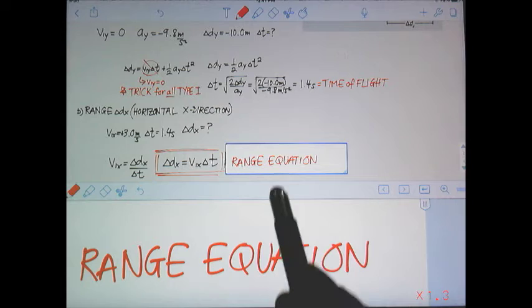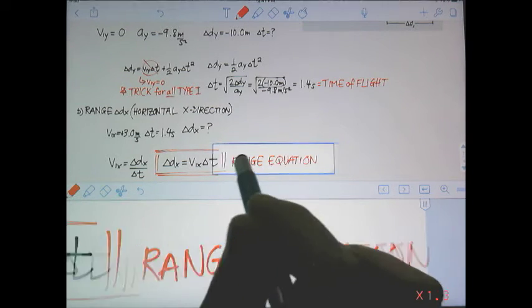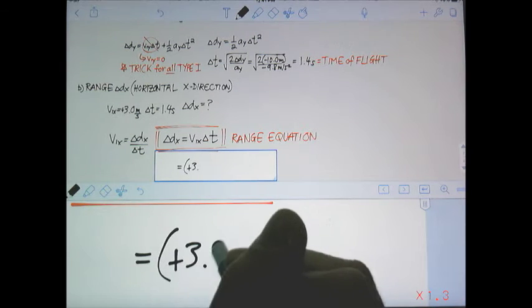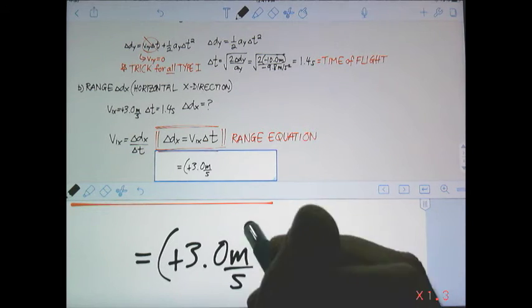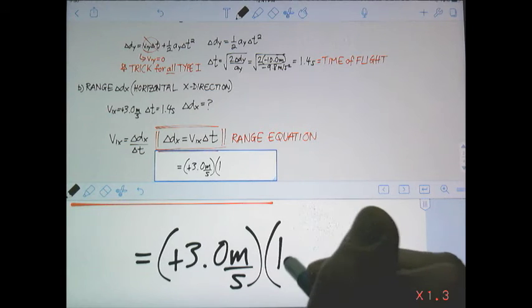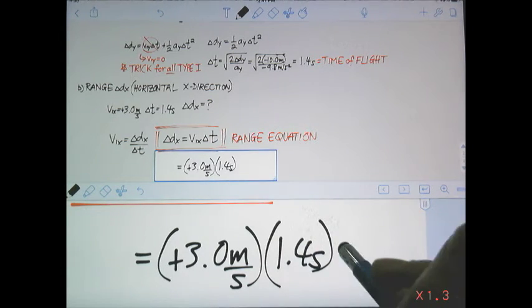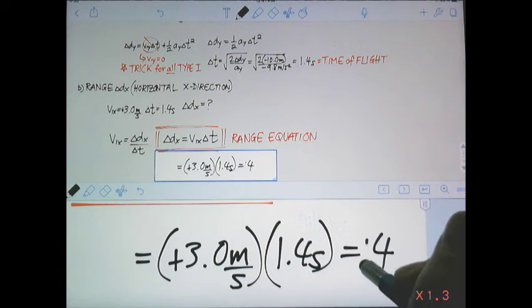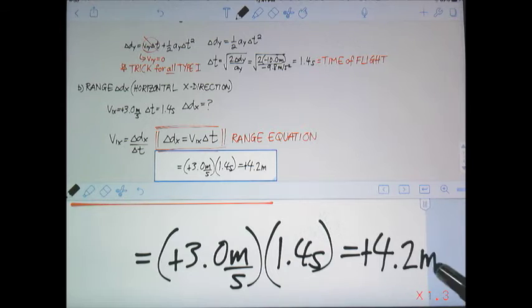So let's sub and solve, and let's find the horizontal displacement or range of this projectile. Plus 3.0 meters per second for 1.4 seconds. If we put it in our calculators to two significant digits, we end up with plus 4.2 meters.